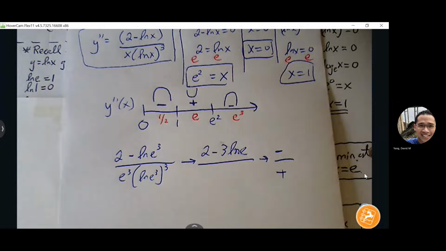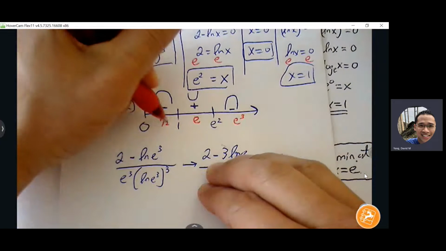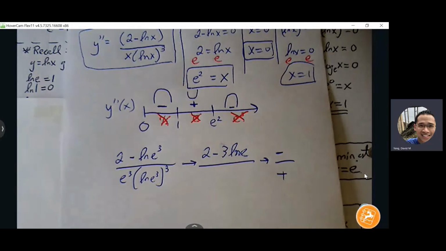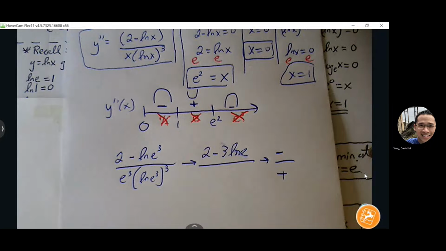Okay. If I want to say intervals of concave down or concave up, we can just look at our sign line, but again, don't use these numbers anymore. These are not going to play a role at all in your interval. Okay, interval concave down, you'll be able to say the first and the third interval here. Careful, if I ask for a point of inflection, how many points of inflection do you see?